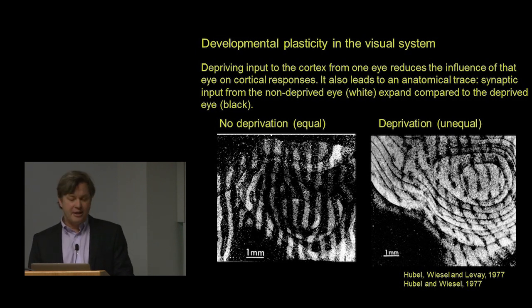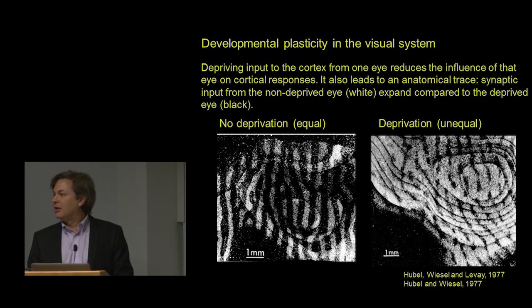And they found that if one eye was closed during the right time in development, which they called the critical period, that profoundly influences the cortical representation of vision through that eye, even when that eye is opened.